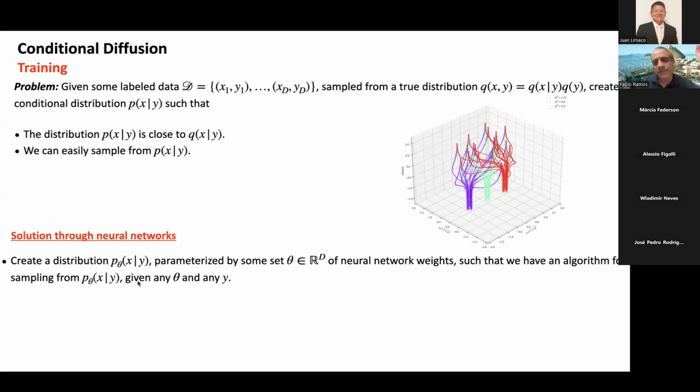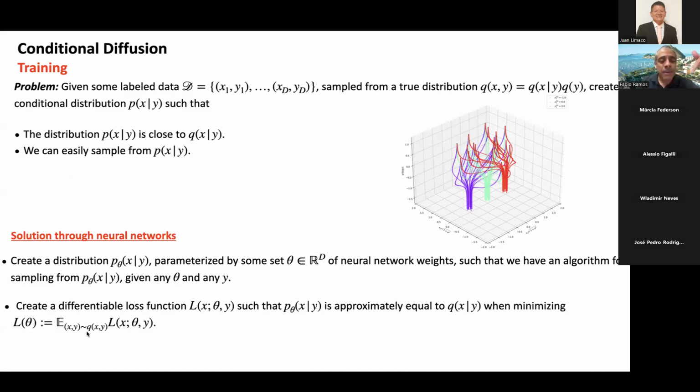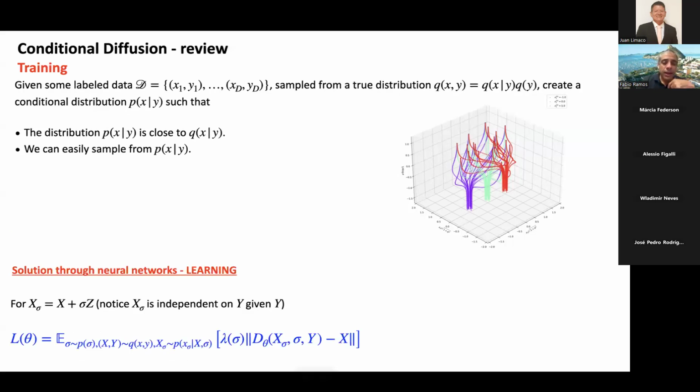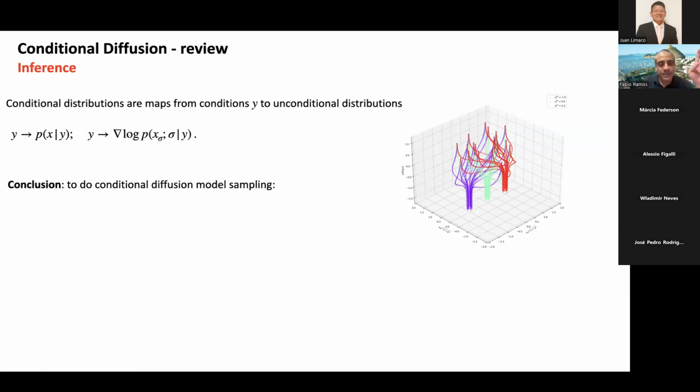And I do the same. My loss function now, the expectation is in the joint distribution, right? And the learning is the same. I train a denoiser, but you have an extra input, which is the label, the porosity value, for example. And I take the expectation in the joint probability space. So it's essentially the same thing.